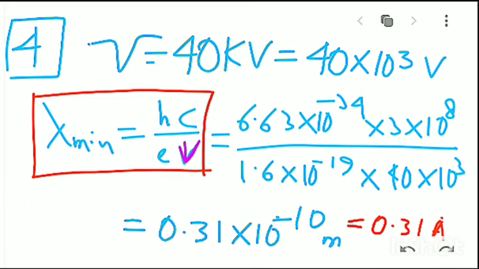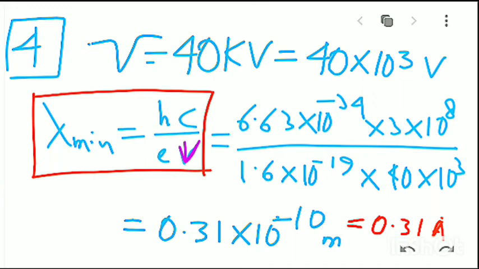Clear? If I give the same potential on any target, it will give the same wavelength. So the answer is, it will not change. There will be no change if I just change the material used as the target in the Coolidge tube. That's quite an easy numerical we have done. That is question number 4, it came in ISC 2008.